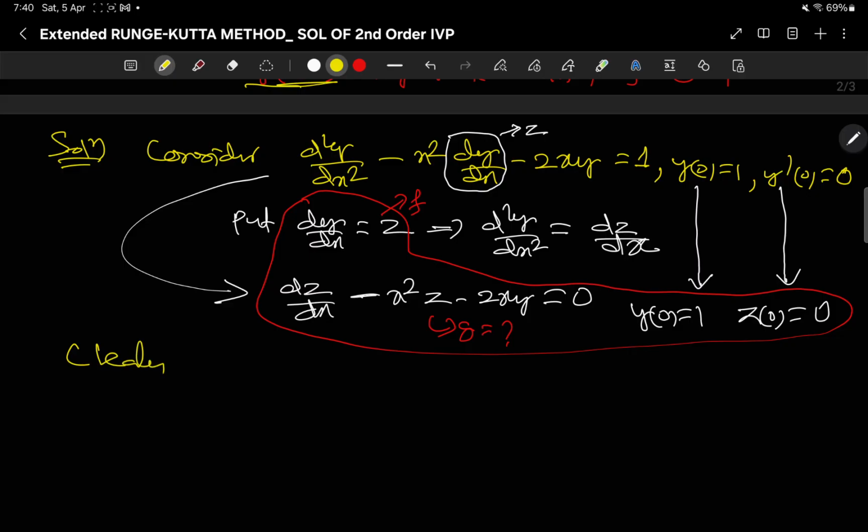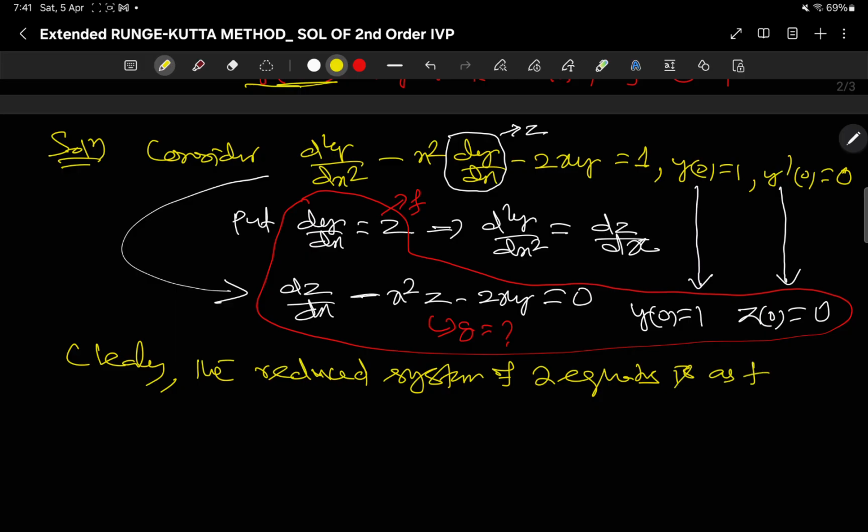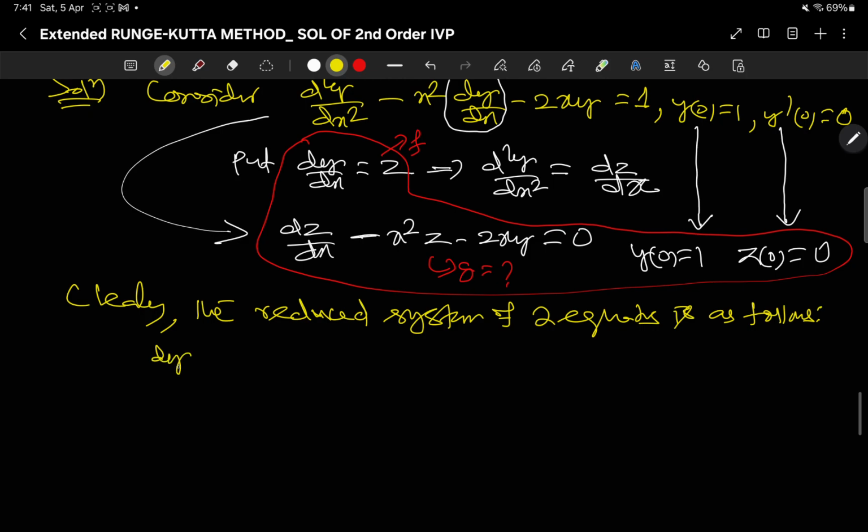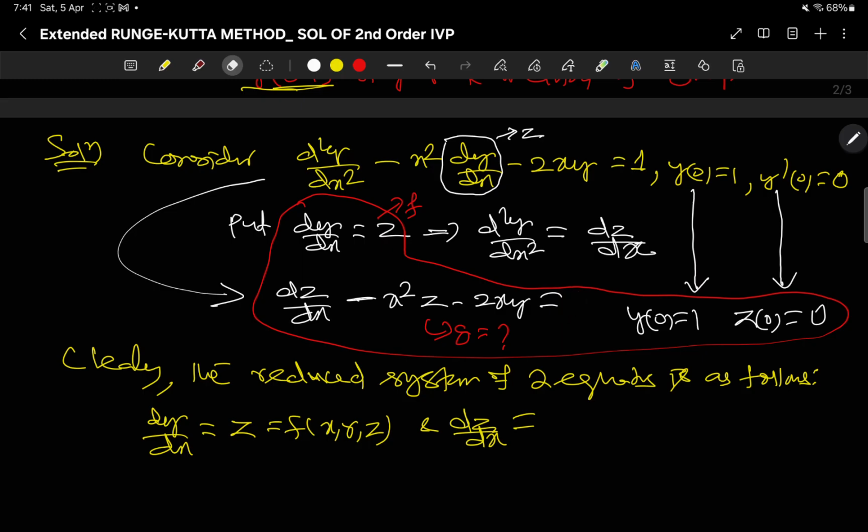Clearly the reduced system of two equations is as follows. Here dy by dx is equal to z is my f of x, y, z, and dz by dx is equal to, actually the right hand side is here 1.